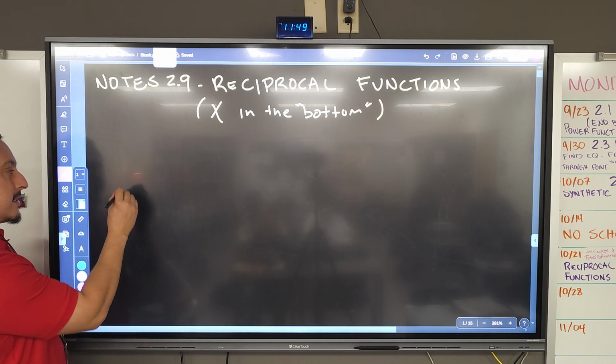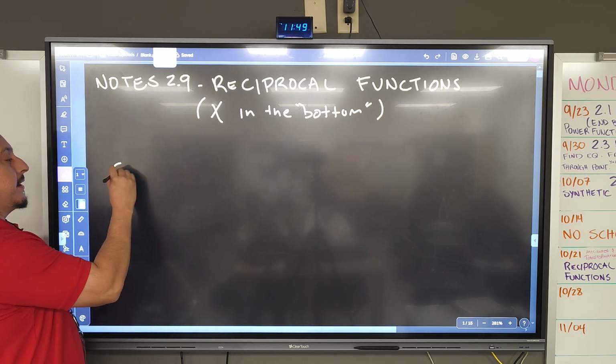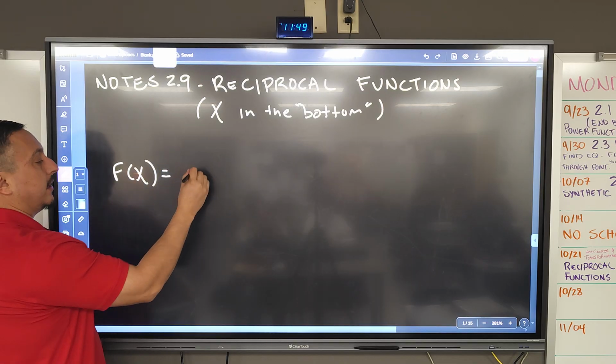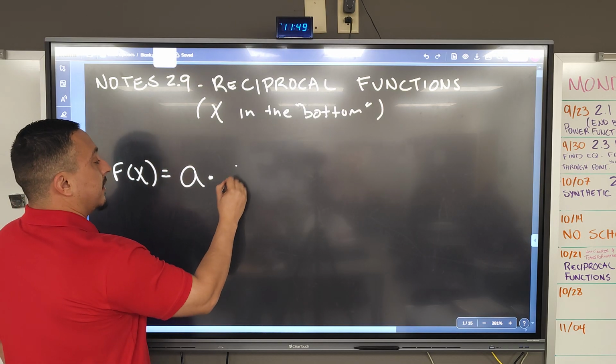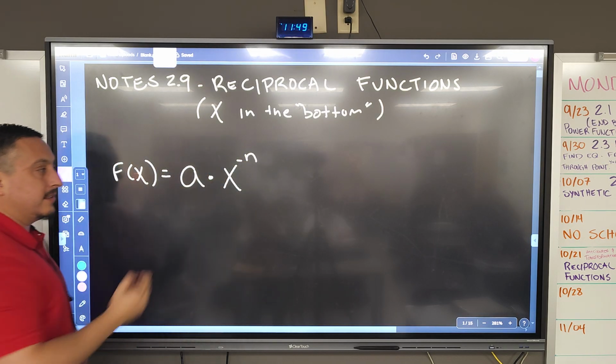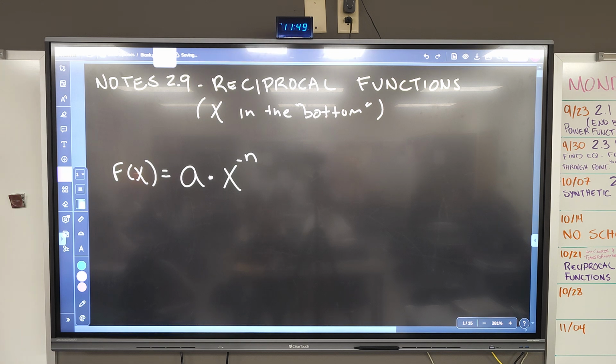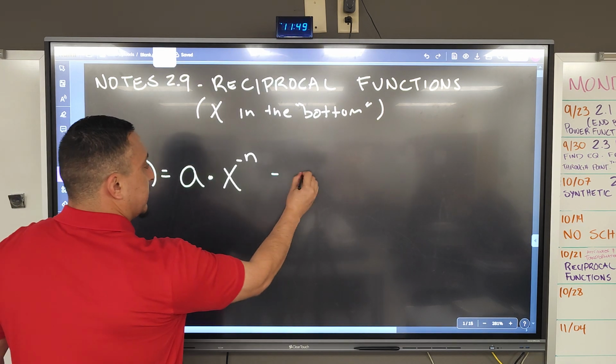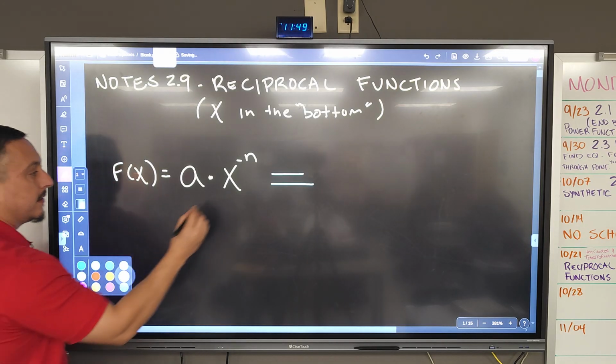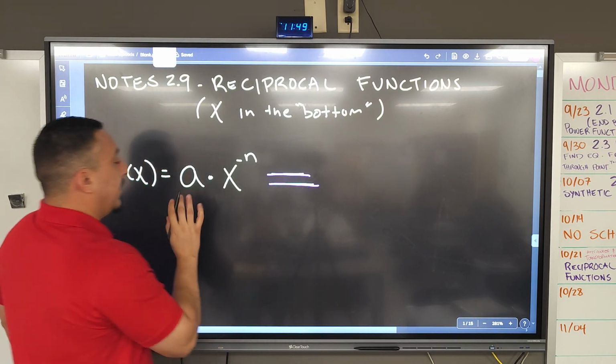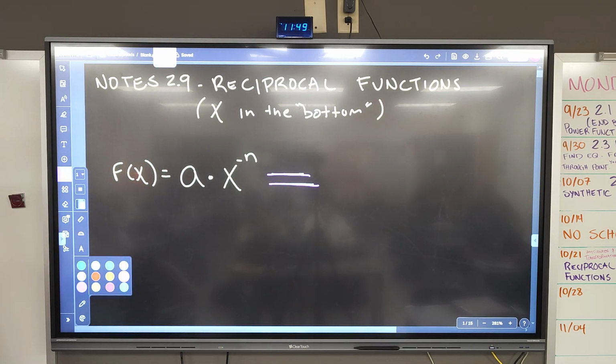Okay, so let's get the symbols out first. f of x equals a times x to the negative n. That's the same exact thing. a is just a number, and n is just a number, so just picture any number in there.